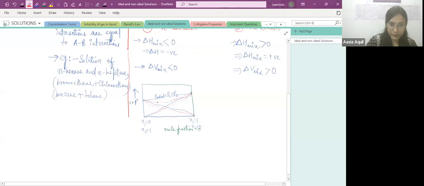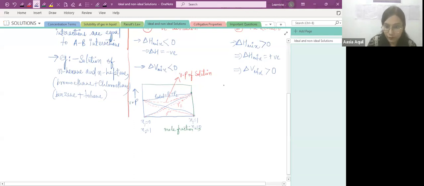This red line shows the vapor pressure of the solution, that is P total, P1 plus P2. This shows P2 and this shows P1, in the case of a non-ideal solution with negative deviation. In negative deviation, this line will be beyond the ideal one.